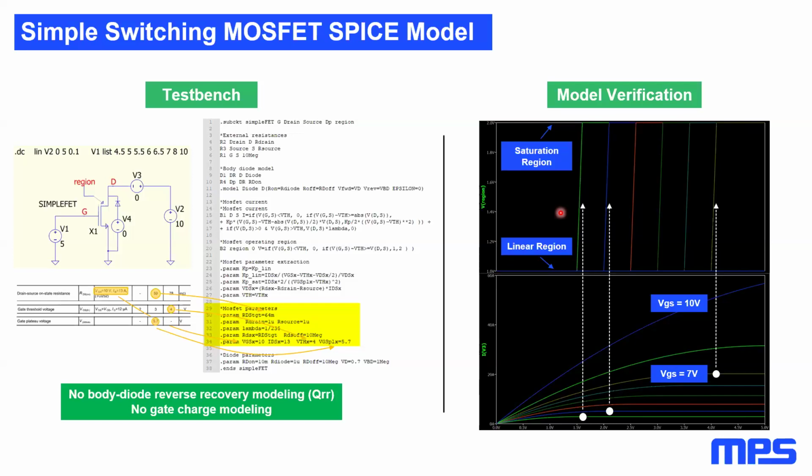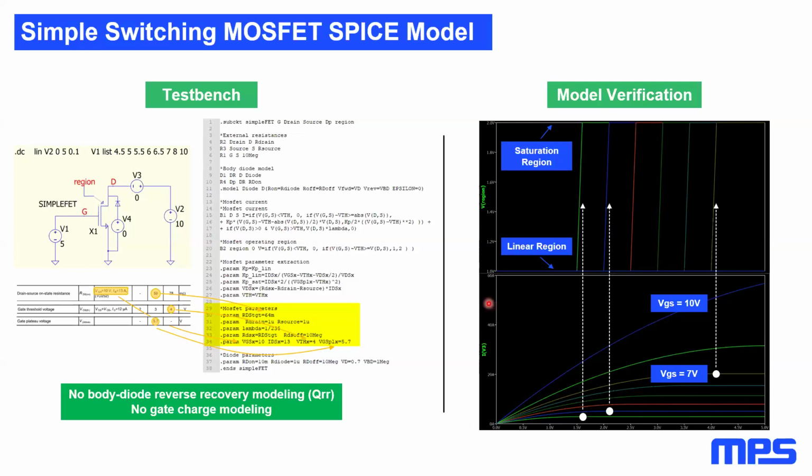Indeed, the operating region tells us how to separate the channel losses into conduction and switching losses. That's because when the MOSFET operates in the linear region, we assign the dissipation to the so-called conduction losses.